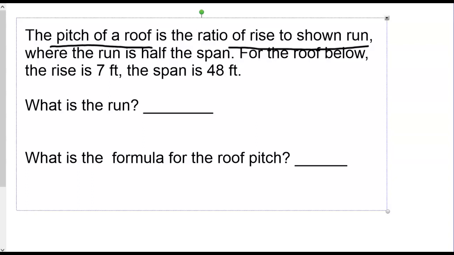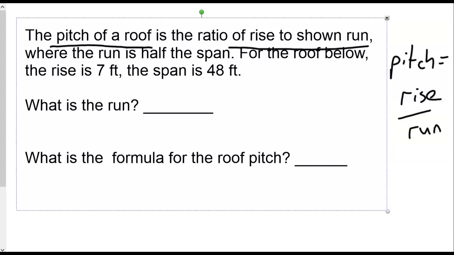We know that a ratio is one thing compared to another, and so that means that the pitch equals rise over run. So we're going to say, okay, that's our ratio because it says it's a pitch of rise over run. And it says where the run is half the span.